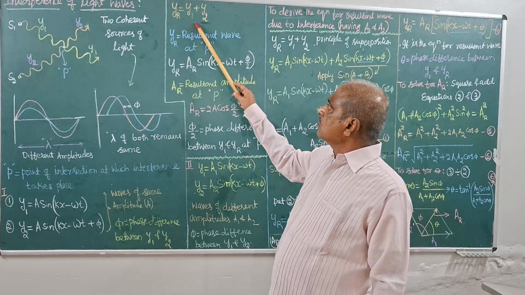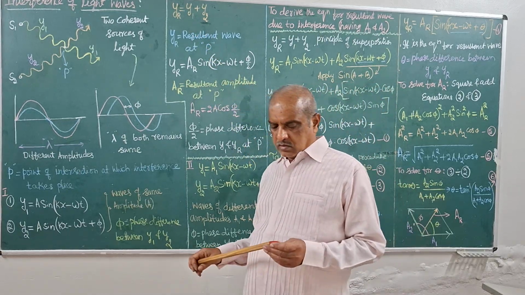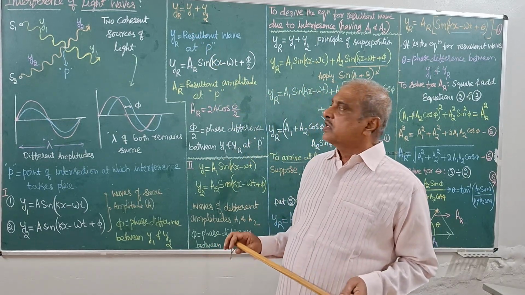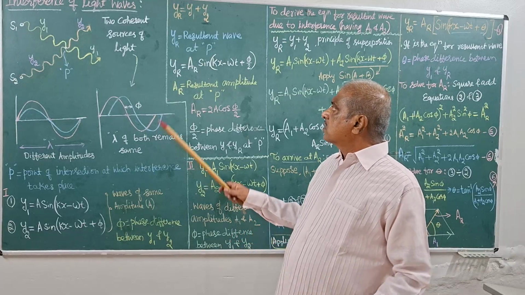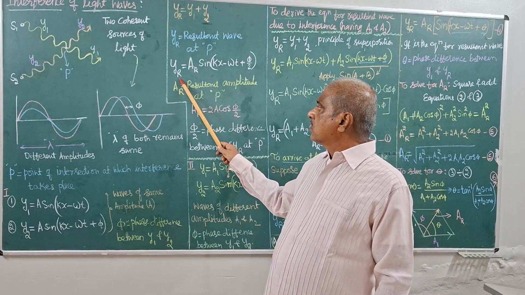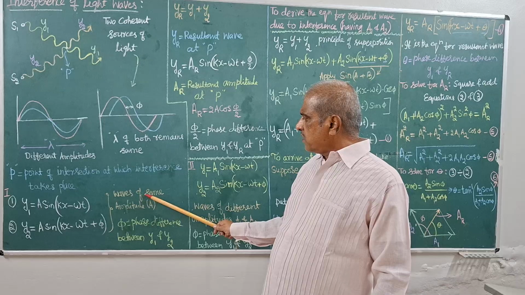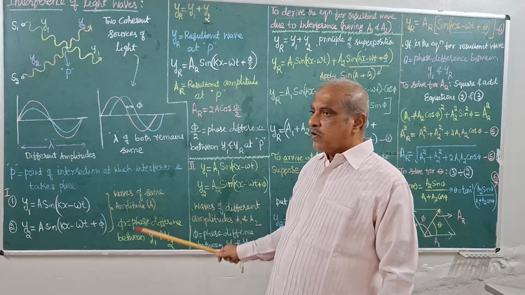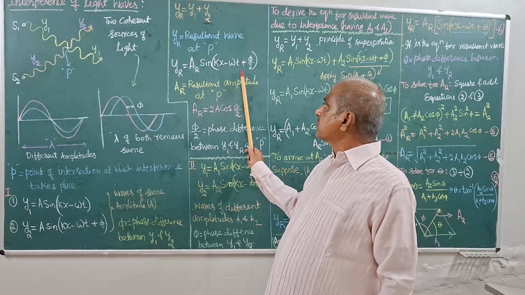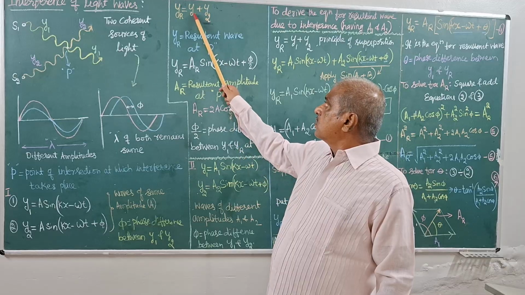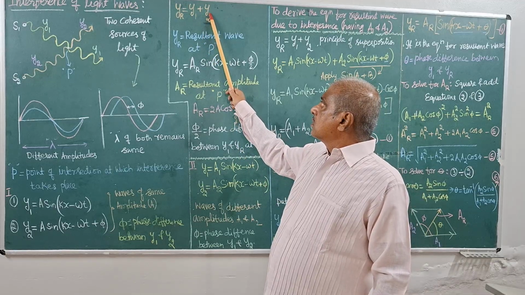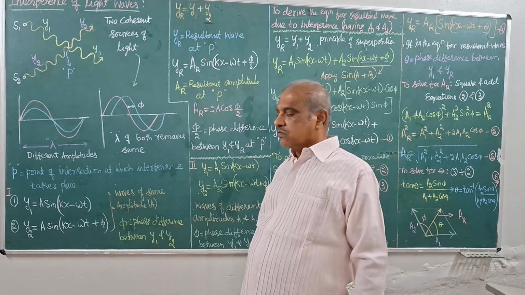And in the previous class, we derived the equation for the resultant wave for waves having the same amplitude. Already we have derived the equation. The equation is this equation. The derivation follows y1 plus y2. Two vectors, you get a vector.